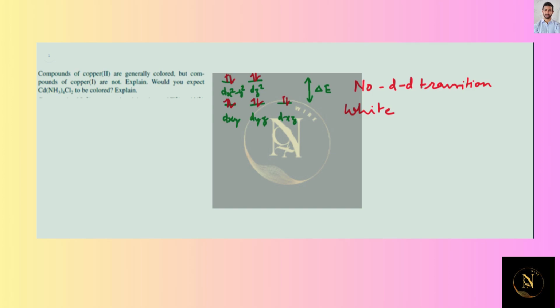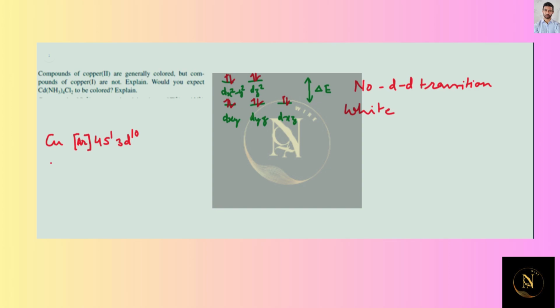So let us see, in case of copper, we know that its outer electronic configuration is 4s1 3d10, and here it should be after argon.